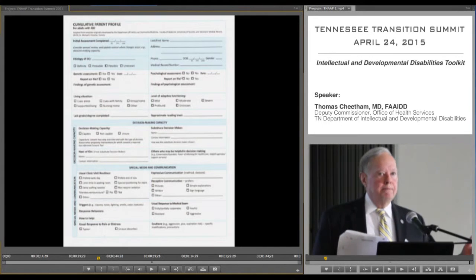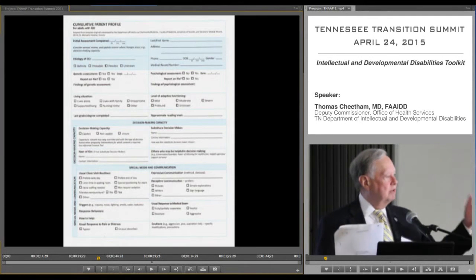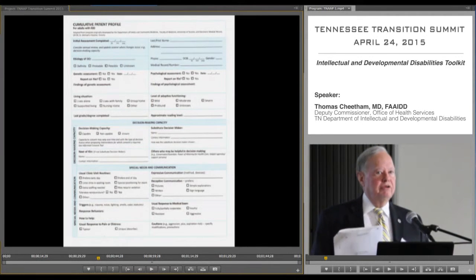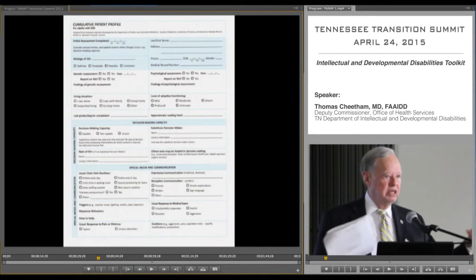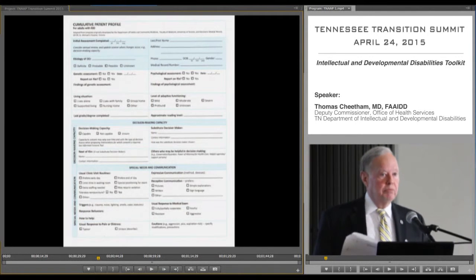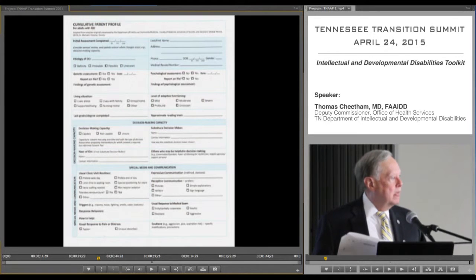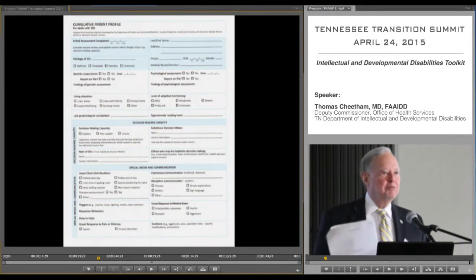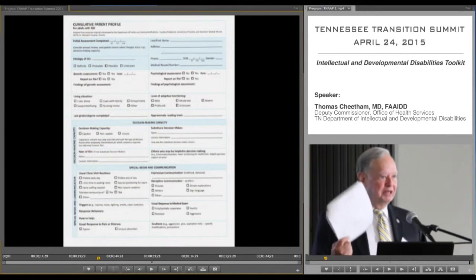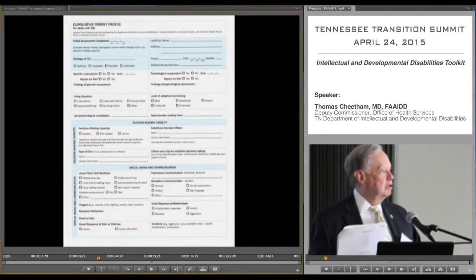It's fun with students, the way we present cases, to say, I have a 35-year-old man or woman with Down syndrome, for example. What are 3 or 4 things you're thinking about? Well, to someone without experience, they're not thinking about anything. And I'm sorry I didn't bring the Down syndrome checklist, but it is there, and I brought Fragile X instead.